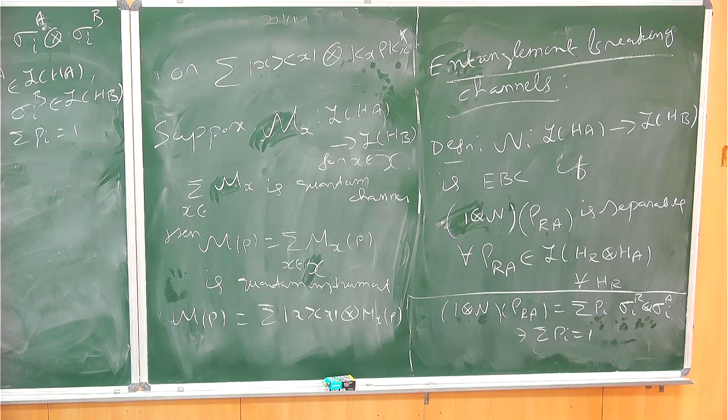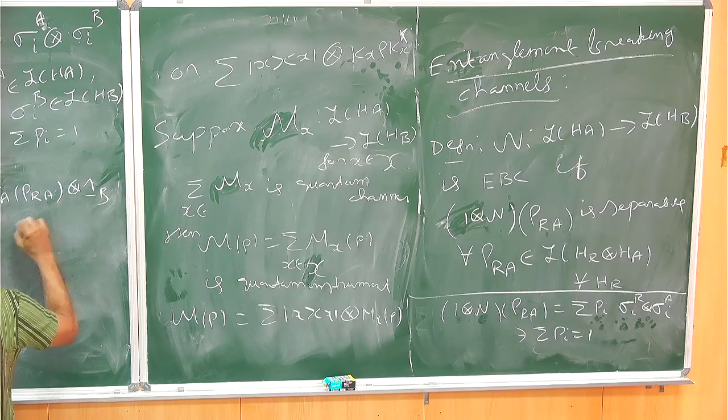So I'm just taking the partial trace with respect to that: trace A of rho RA, tensor 1B. I'm taking the partial trace here itself.